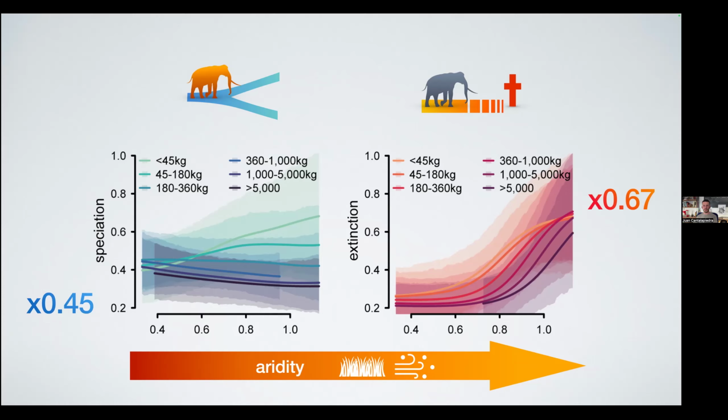And actually what we see at the end when aridity is really extreme is that larger things produce species at less than 0.5% of the rate that small species do.